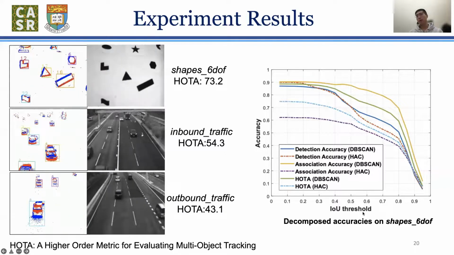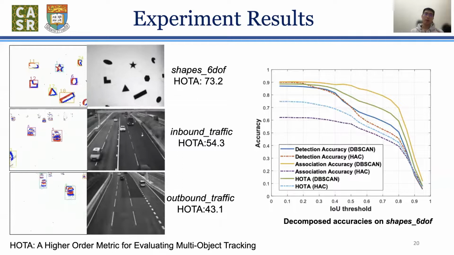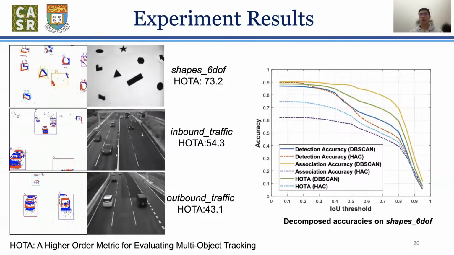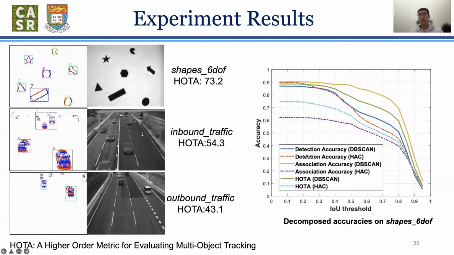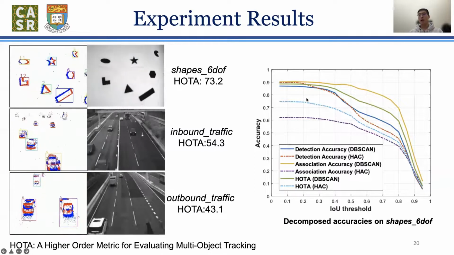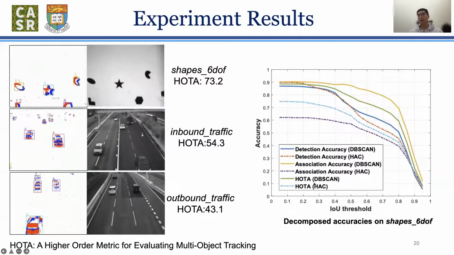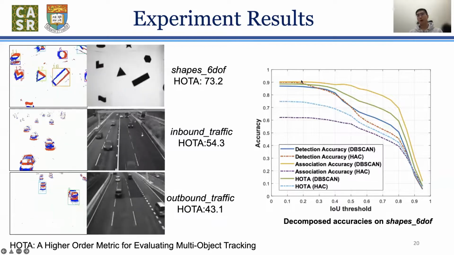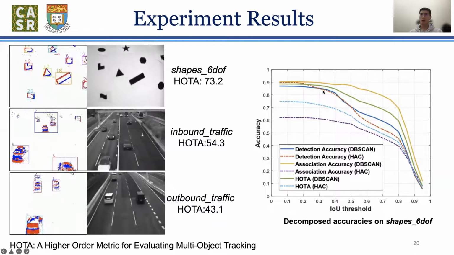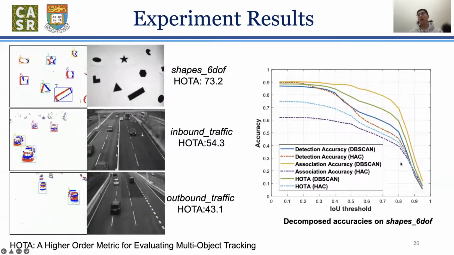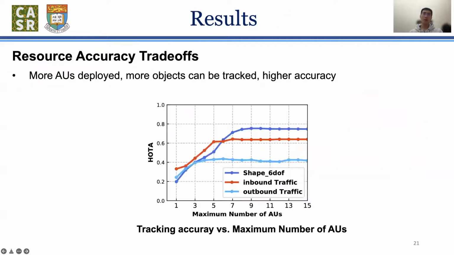The IOU means the overlap ratio between your proposed bounding box and the ground truth bounding box. For different IOU thresholds, you calculate the detection accuracy and association accuracy under that threshold. Then after you obtain this curve, you integrate the curve to become the final accuracy result.